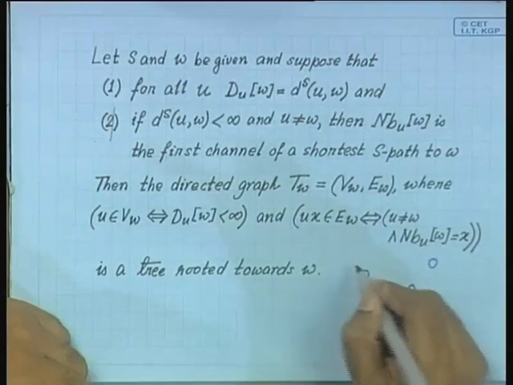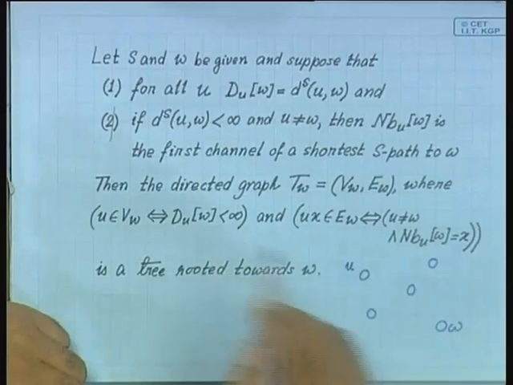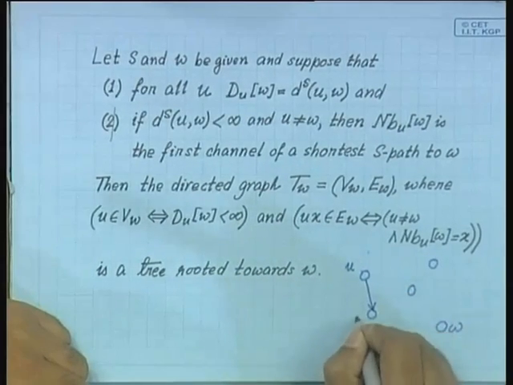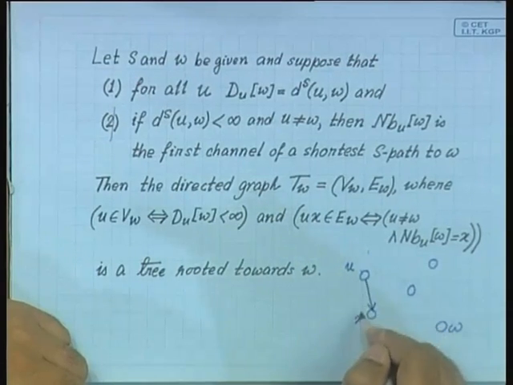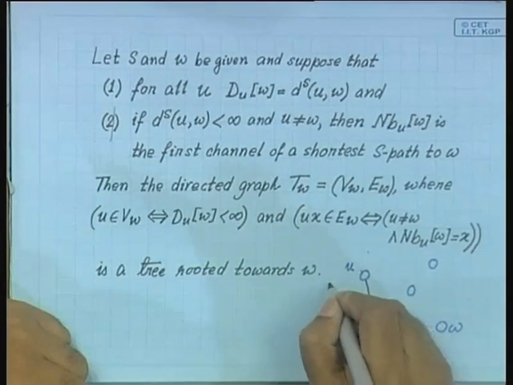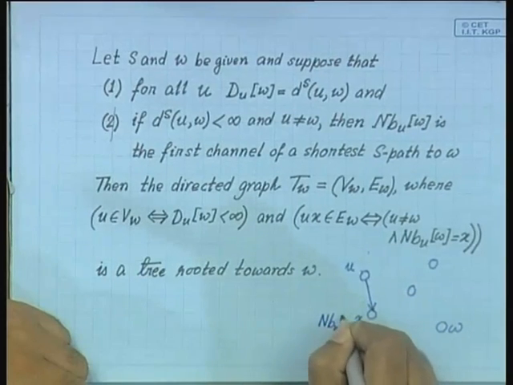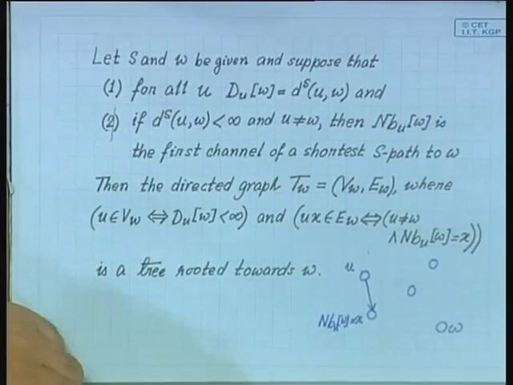So, for any vertex u, if DUW is less than infinity, then there is also some x, and this x is basically NBUW. So, this is our NBUW, okay.